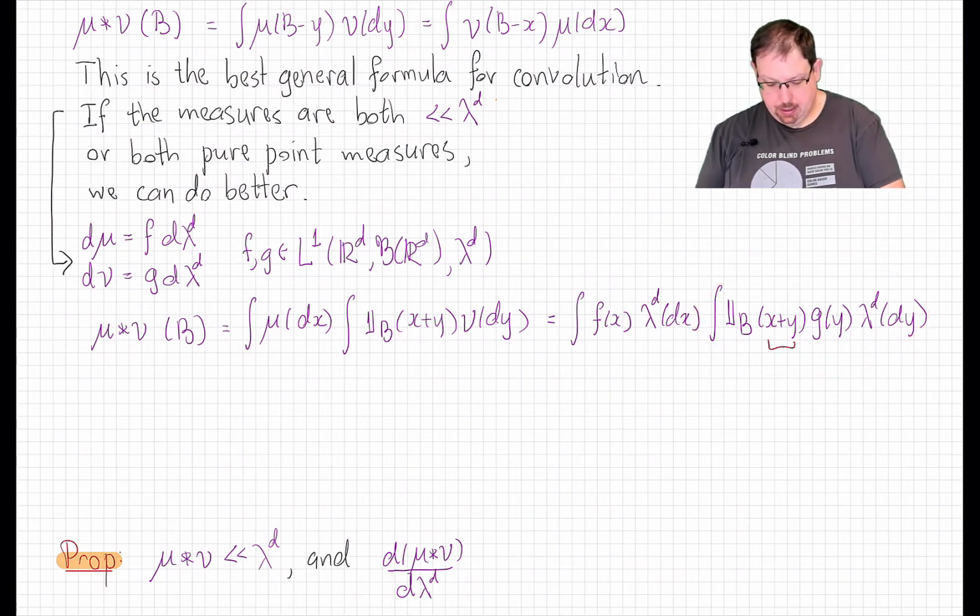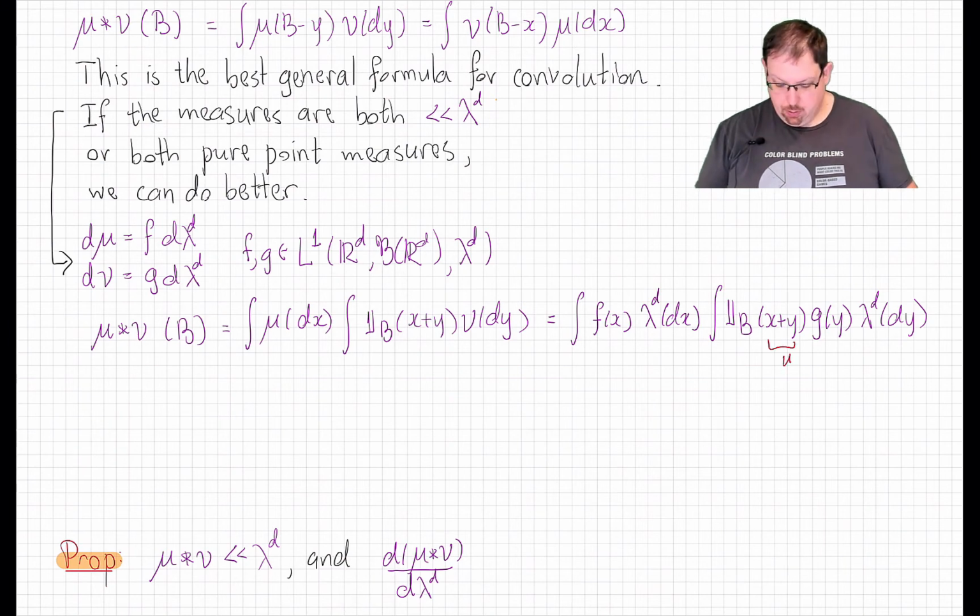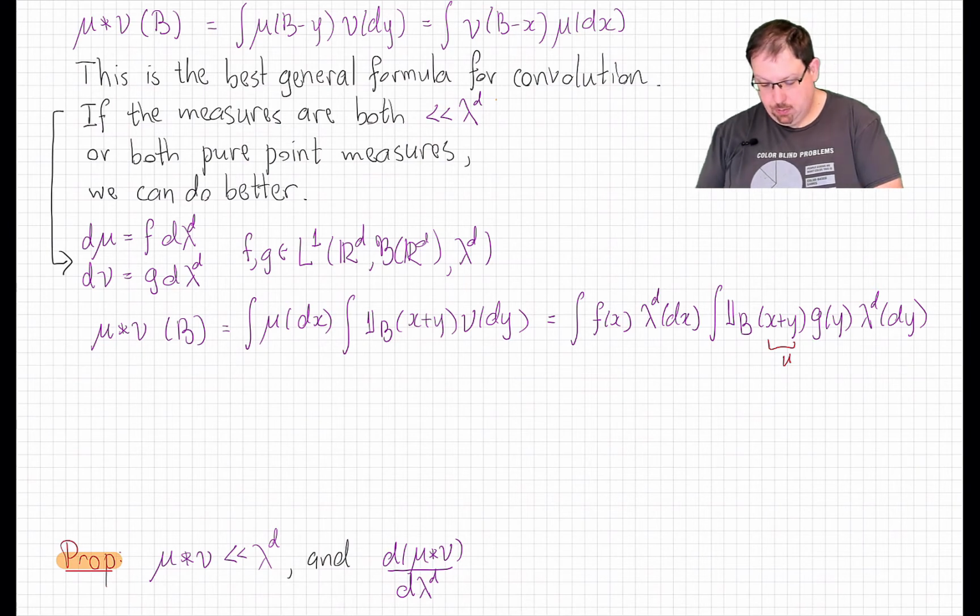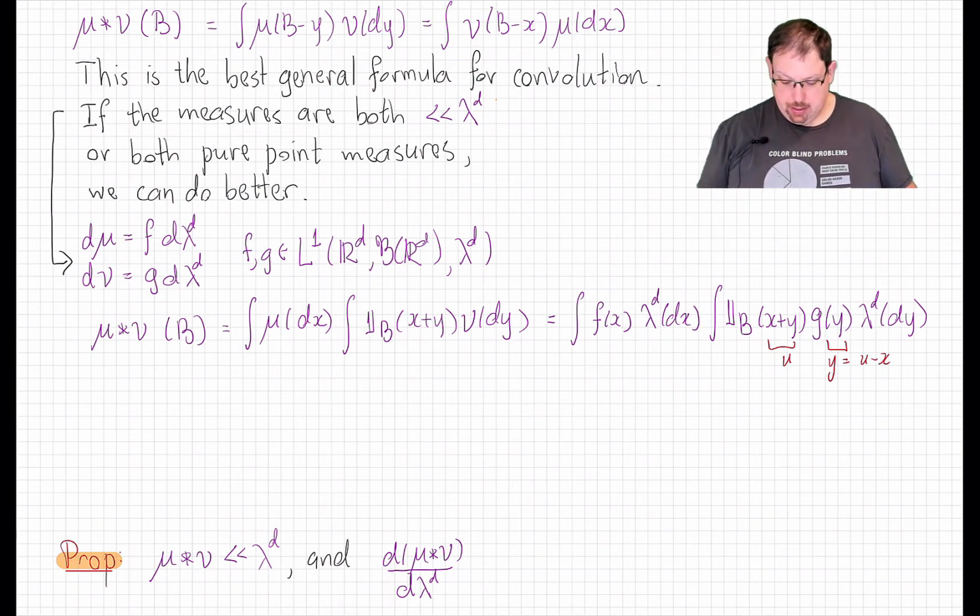We're going to let x plus y be denoted as u. For the inside integral, x is just a parameter. We're integrating against y. And so y, therefore, can be rewritten as u minus x. And then the question is, how do we represent this dy integral as a du integral? Well, if this were a calculus class, we'd know how to do that.